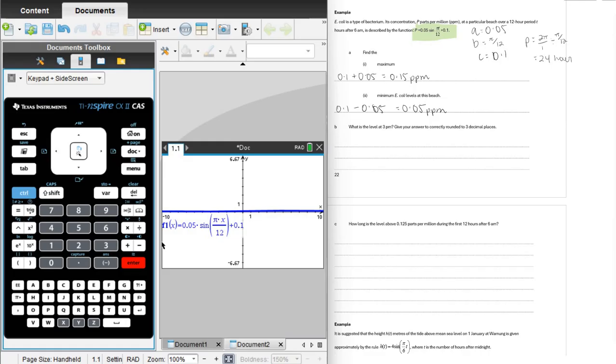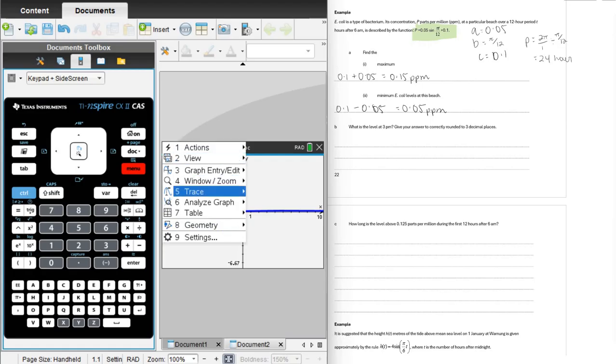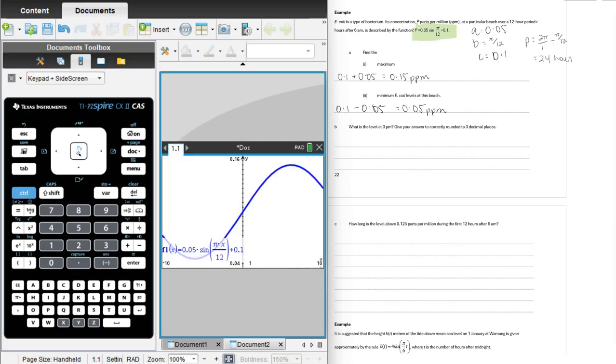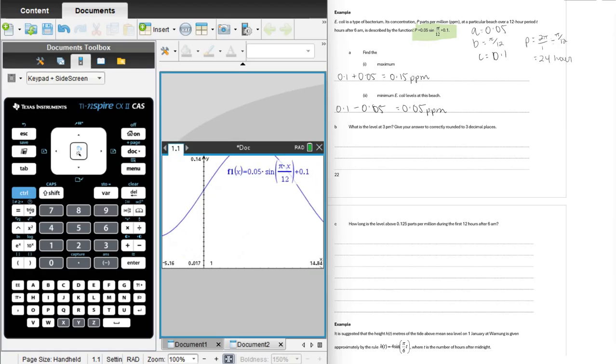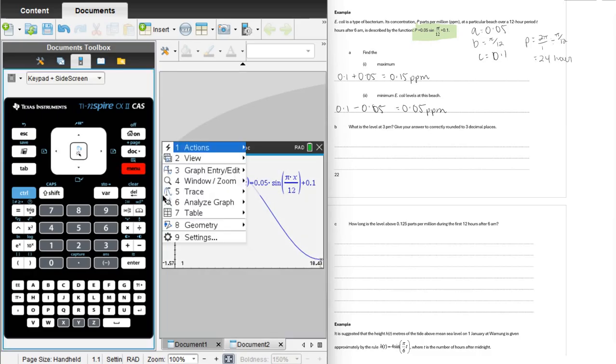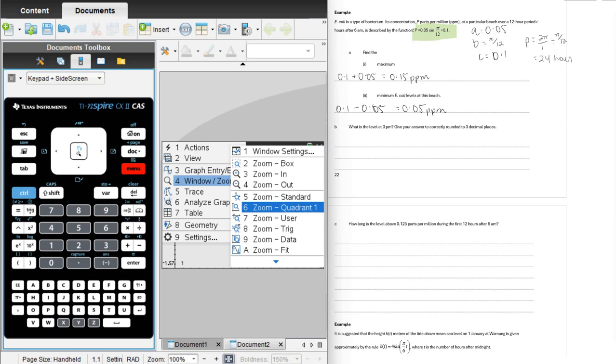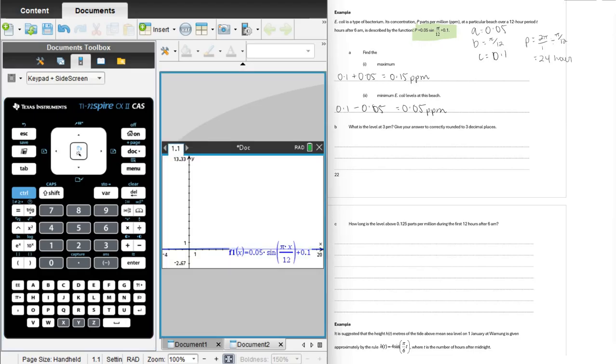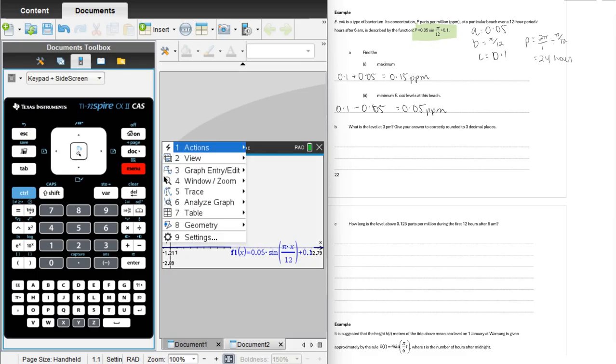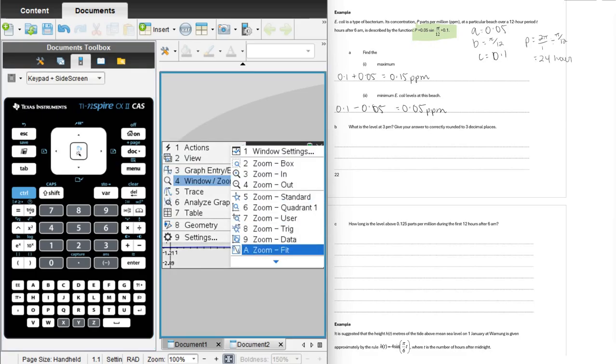One of the easiest ways to fix this is to go Menu, Window Zoom, and then Zoom Fit. The other thing you can do is, because we are often working with quadrant 1 of the Cartesian plane when we're working with applications, if you go to that window zoom tile again and you click 6 for quadrant 1, it's just going to put you in the positives only. From there you can zoom wherever you like.